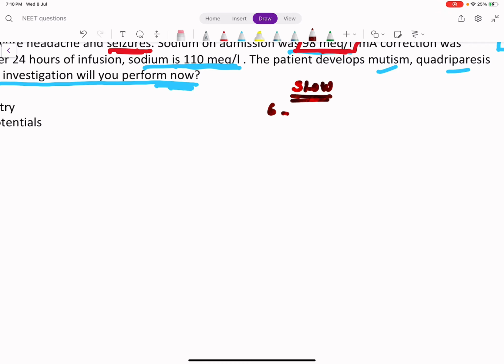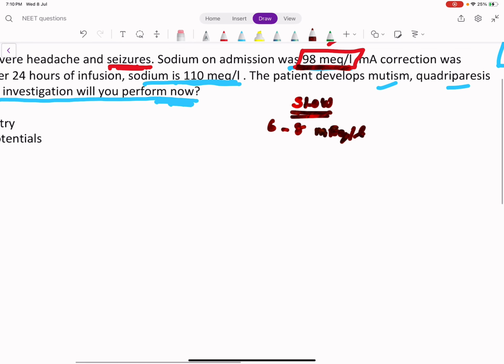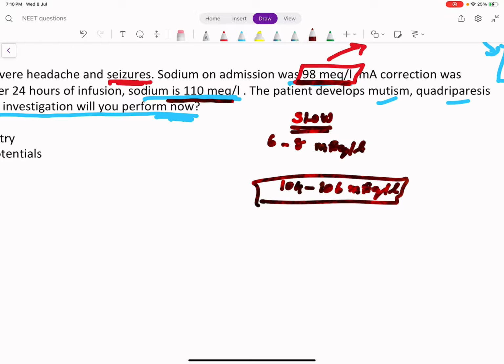The 24-hour sodium correction should never exceed 6 to 8 milliequivalents per liter. The patient's initial sodium was 98, so after correction with 3% saline, the next day value should be 104 to 106 milliequivalents per liter. Only 6 to 8 milliequivalents per liter of correction is allowed. But this patient had jumped up to 110 milliequivalents per liter.